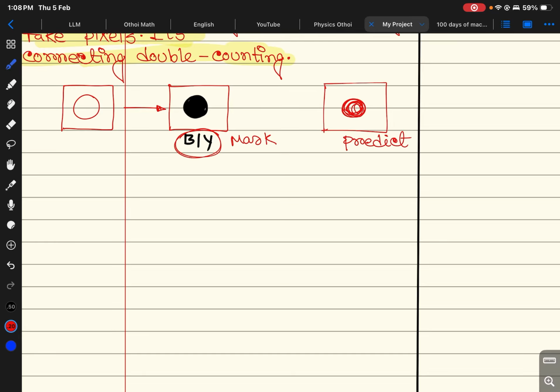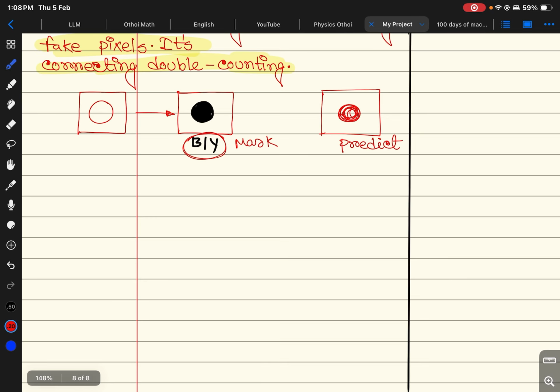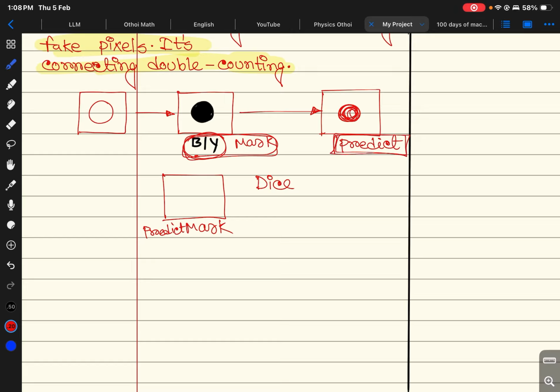So when you are creating that predicted mask, of course, what the dice value does is it actually measures the relationship between the original mask that has been given and the predicted mask that your model gave to you.